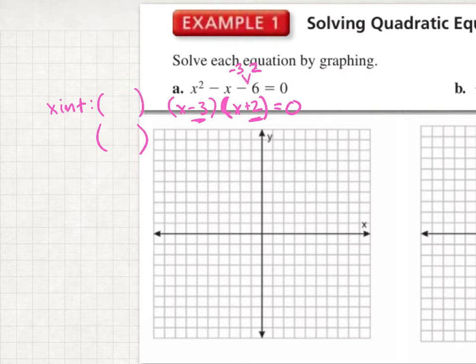We change them. So the minus 3 would be p is equal to 3, and the plus 2, we have q is equal to negative 2. So our intercepts, the points, would be (3, 0) and (negative 2, 0).